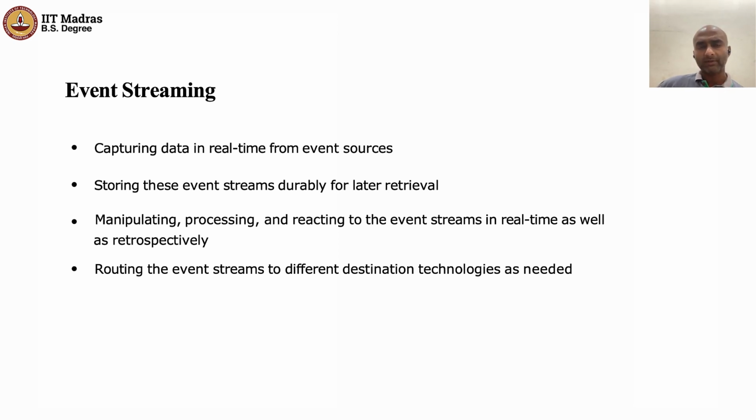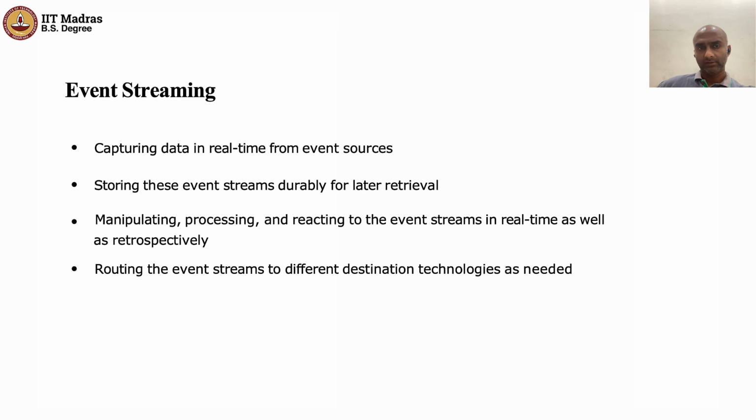So the third aspect of event streaming is, once you retrieve the events, to be able to manipulate and process them, and then take some appropriate actions based on that. Sometimes you might find that you need to look at multiple periods of data, not just the most recent time, in which case you might even go back and take actions for data that's already passed. So that's what is meant by retrospective actions.